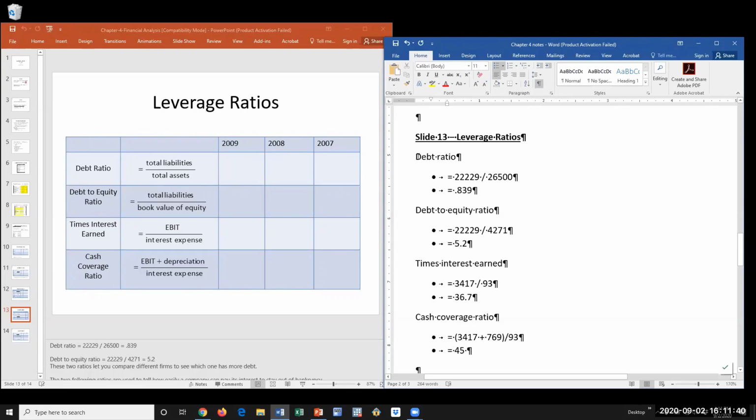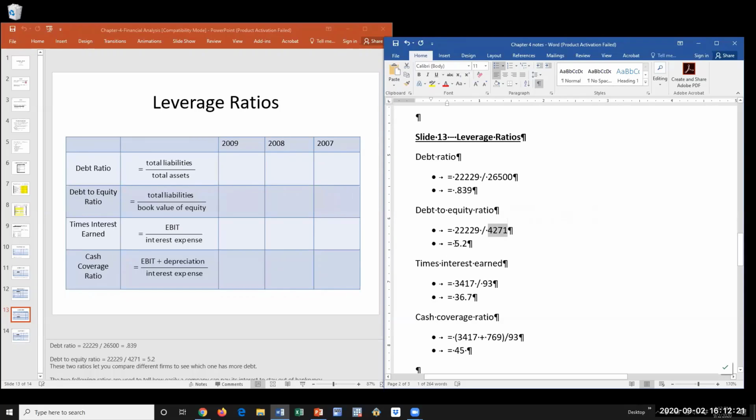So the first one, debt ratio, we get that from the balance sheet. We have total liabilities right here, and here we have total assets, and we get 0.839. The higher this number is, the more debt a company has and the riskier they are. The debt to equity ratio shows us how much total liabilities a company has versus how much money shareholders have invested in the business historically.